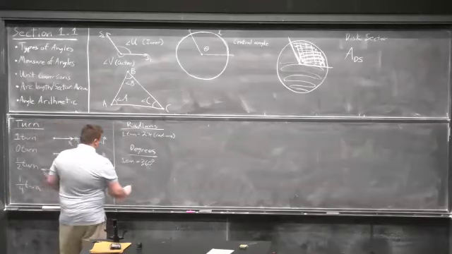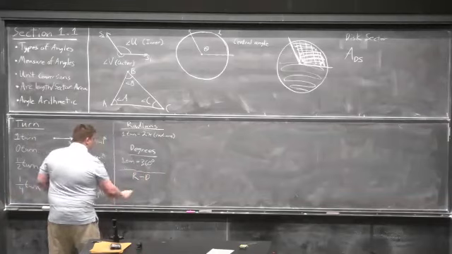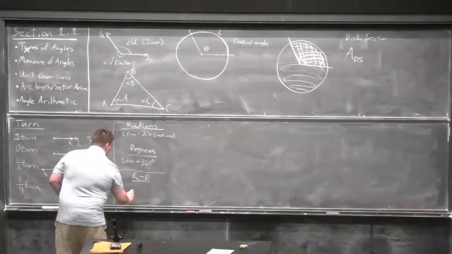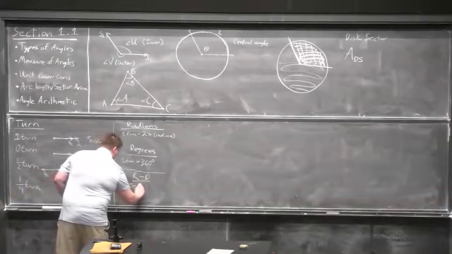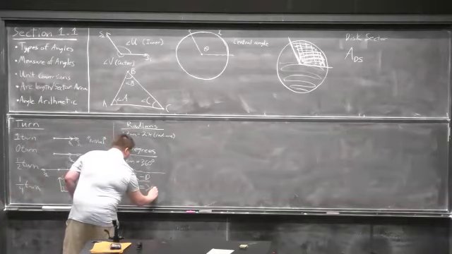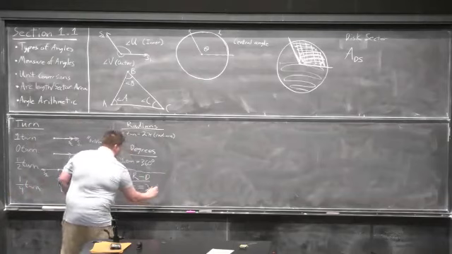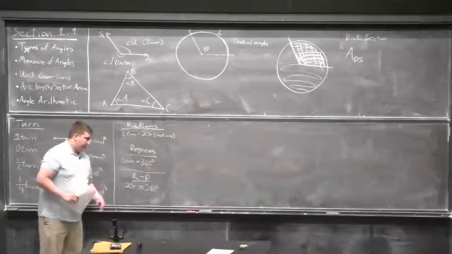From radians to degrees, 2 pi radians is equal to 360 degrees because they're each equal to 1 turn, so they'd be equal to each other.